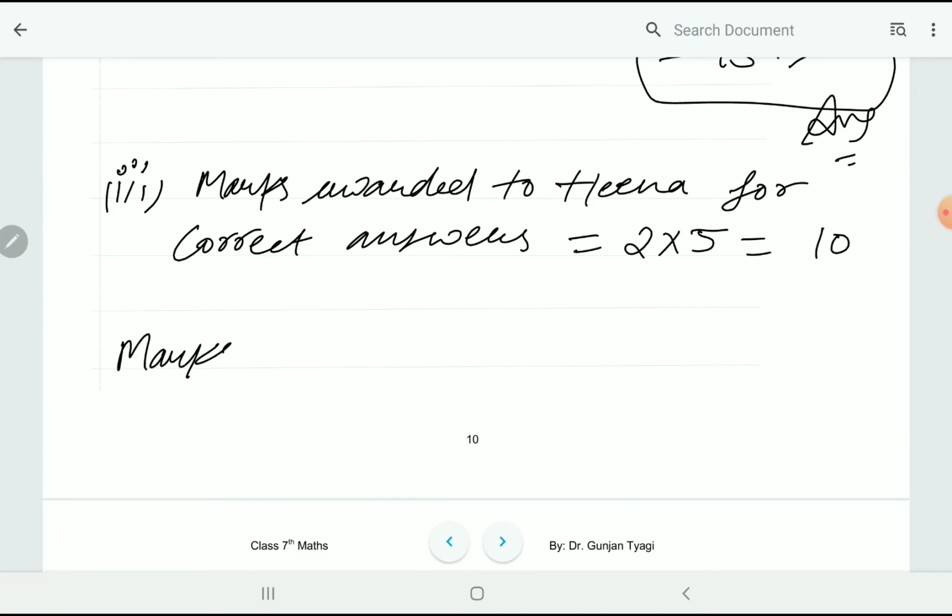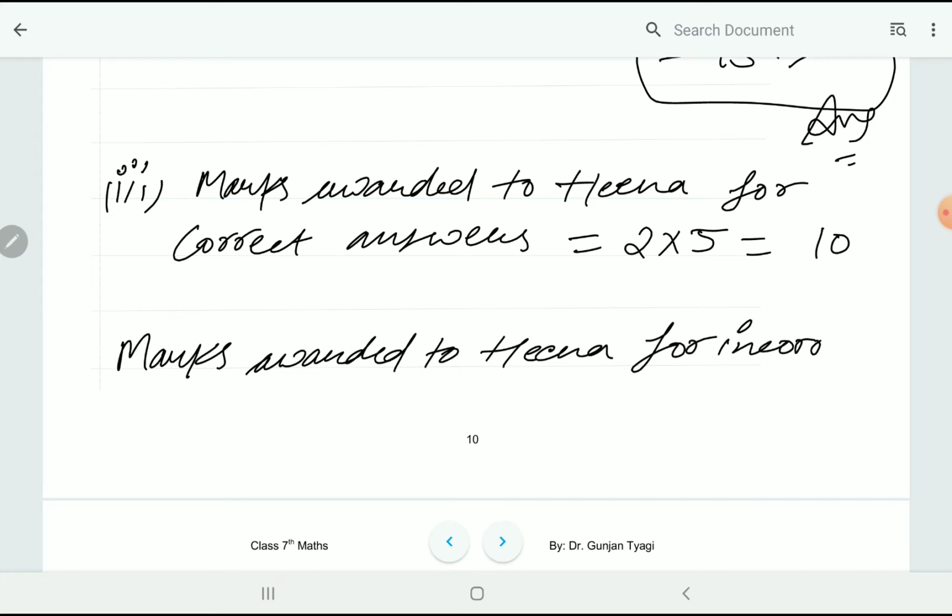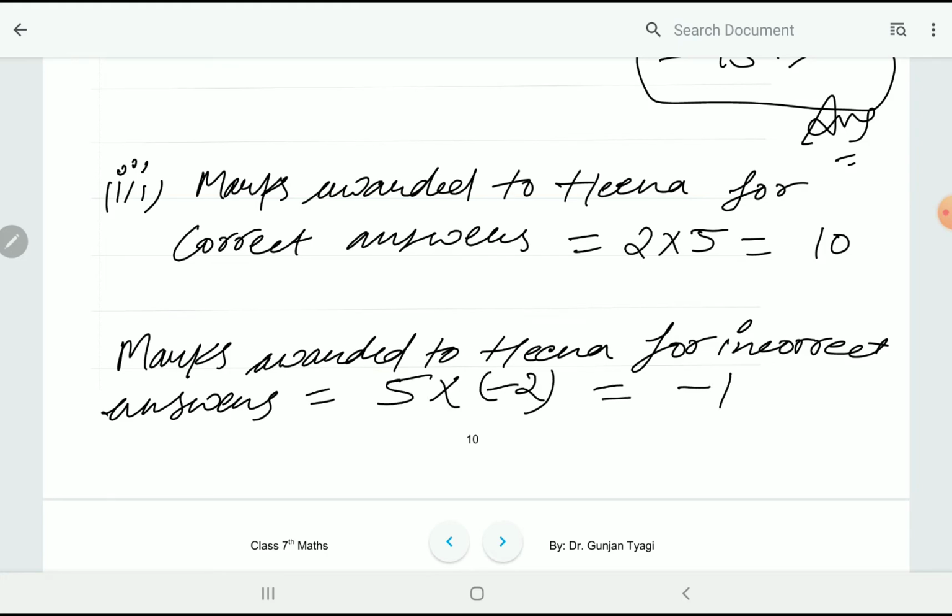Similarly, marks awarded to Hina for incorrect answers is equal to 5 multiplied by -2, which is -10.